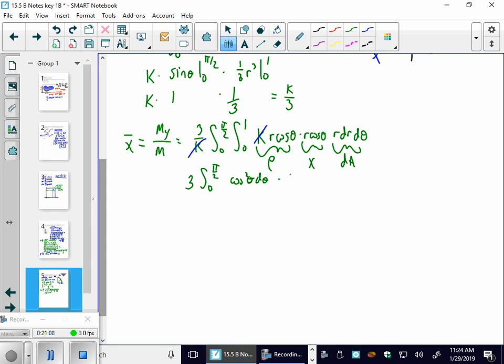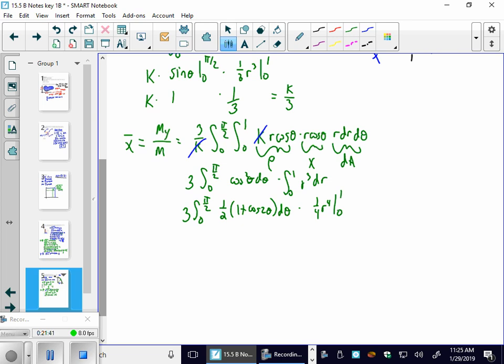I got 3 r's, so it's going to be the integral from 0 to 1 of r cubed dr. So, in order to do the cosine squared, I have to use a reduction formula. So it's 3 integral 0 to pi halves, 1/2 (1 plus cosine 2 theta) d theta. And then the r cubed part, that's just 1/4 r to the 4th from 0 to 1.